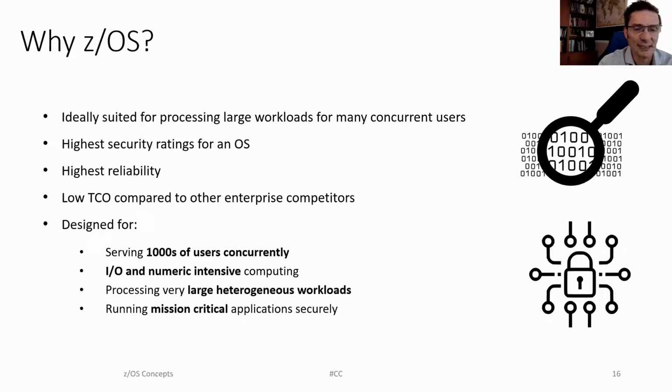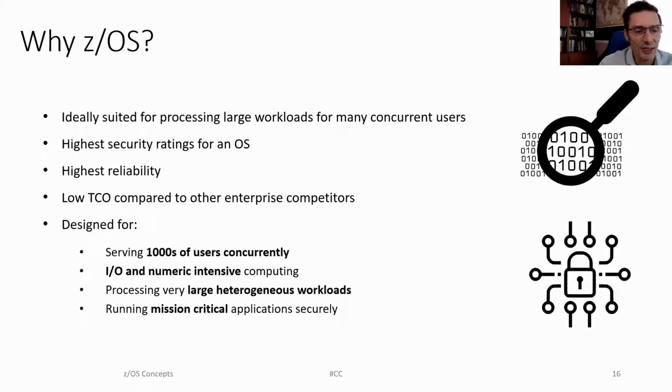It's really ideally suited for processing very large workloads for many concurrent users, thousands of things running sometimes simultaneously on the system at one time. It also has the highest security rating for an OS by several standards organizations. Other folks also, if you look on the internet, you'll find it has the highest reliability rating of any operating system out there. And this is a statement of both the operating system as well as the hardware.